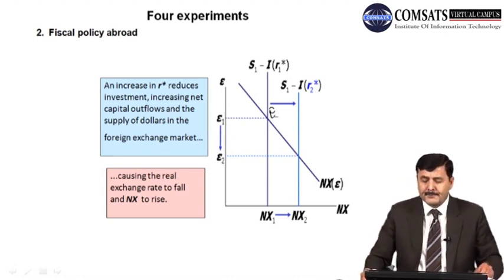Now suppose interest rate में इजाफा हो जाता है, world market का interest rate बढ़ जाता है. जब world market में interest rate बढ़ता है तो investment पे क्या impact पड़ता है?